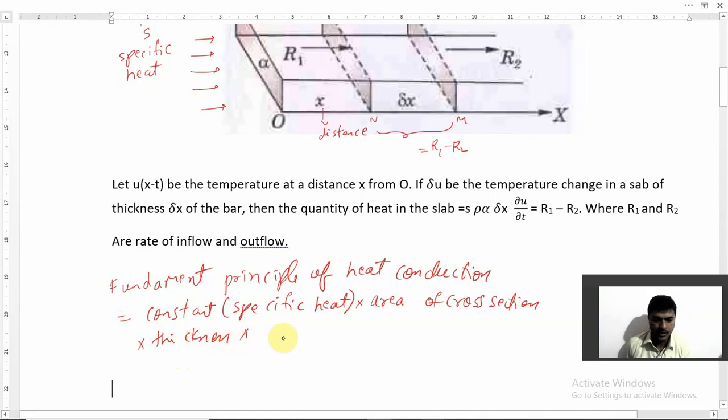Thickness is that change in the temperature in the slab, depending on the density. Density is very, very important in the slab.